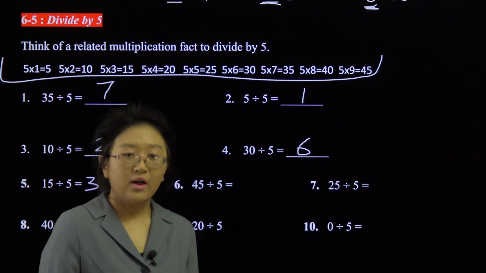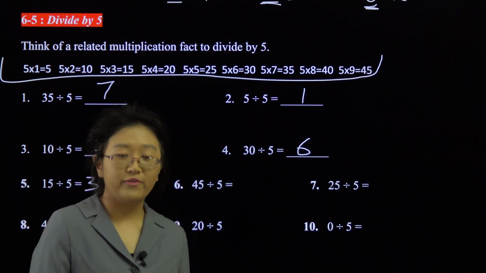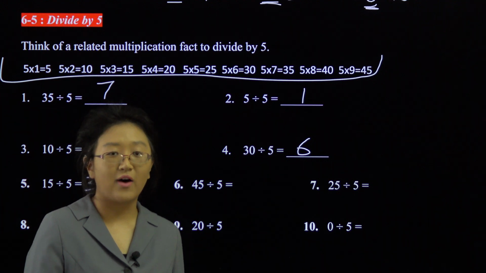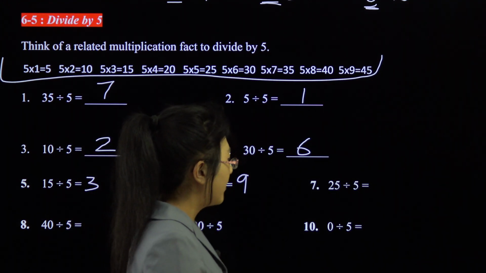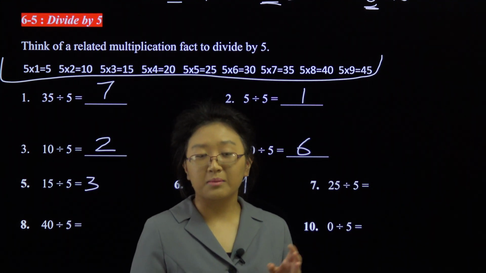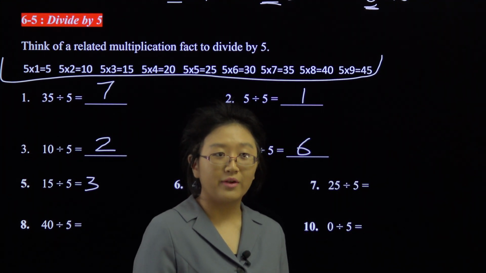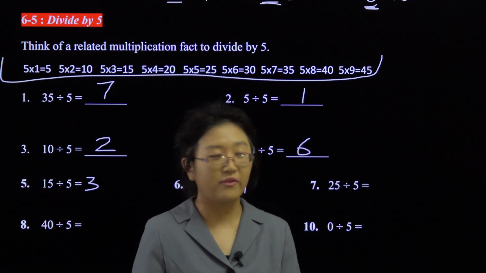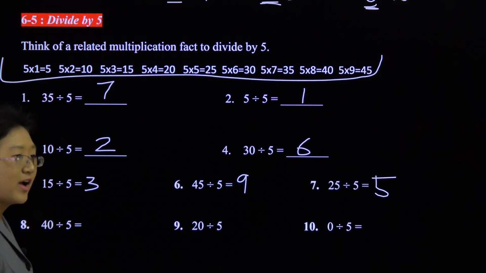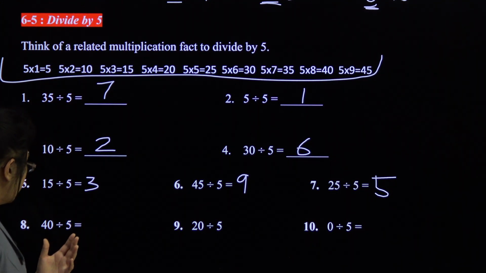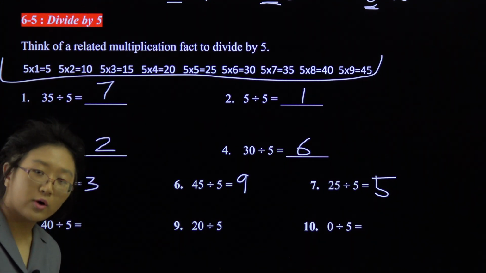45 divided by 5. 5 times 9 equals 45. So 45 divided by 5 equals 9. 25 divided by 5. 5 times 5 equals 25. So 25 divided by 5 is equal to 5. 40 divided by 5. 5 times 8 equals 40.